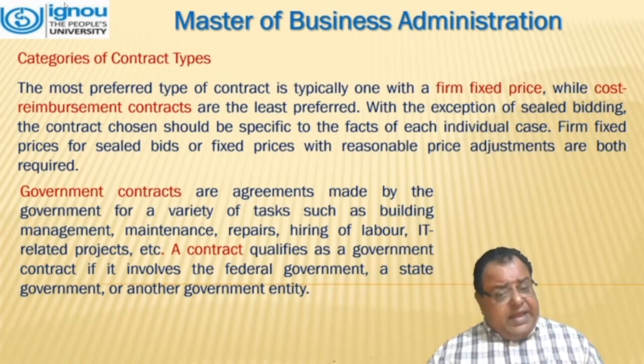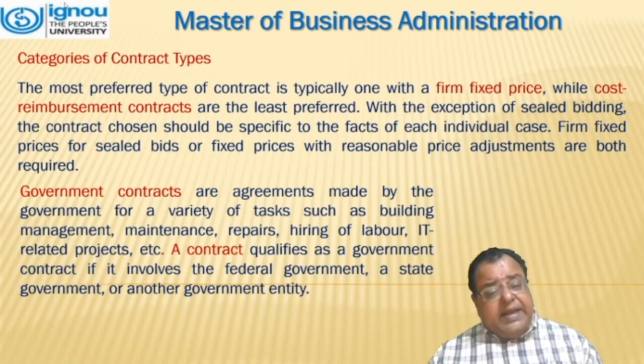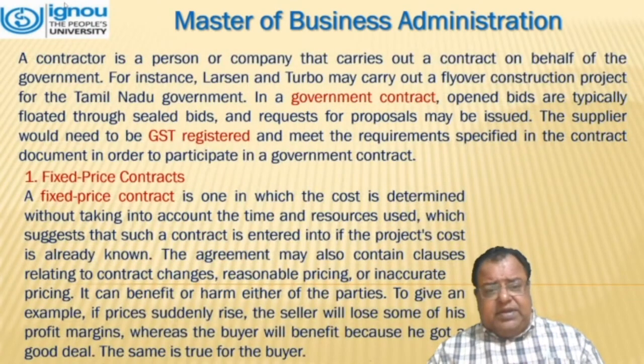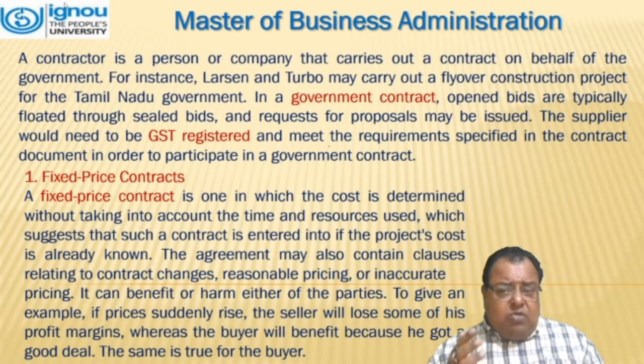Government contracts are agreements made by the government for a variety of tasks such as building management, maintenance, repairs, hiring of labor, IT related projects, etc. A contract qualifies as a government contract if it involves the federal government, a state government, or any other government entity. A contractor is a person or company that carries out a contract on behalf of the government.